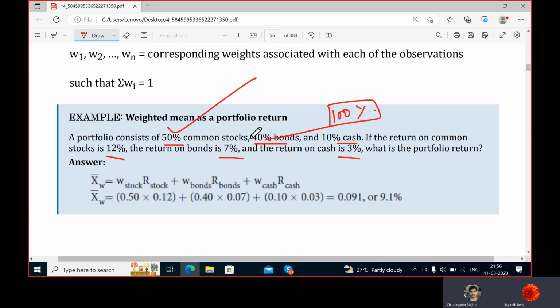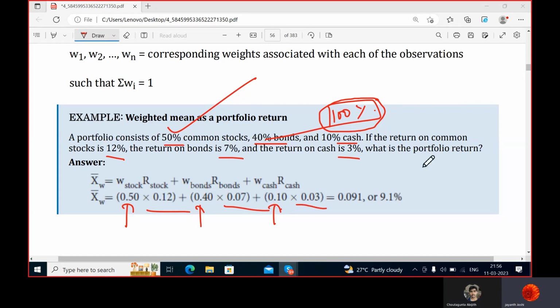In this entire portfolio, the highest proportion has been taken by common stocks, with a weightage of 50%. Bonds have a weightage of 40%, and cash has a weightage of 10% in the total portfolio, along with their returns.